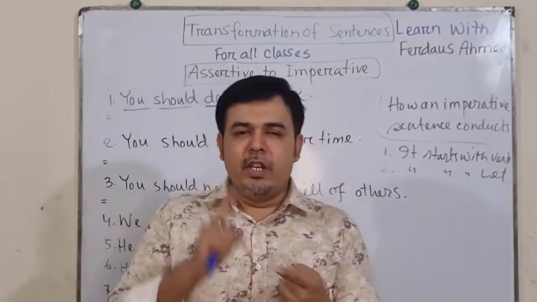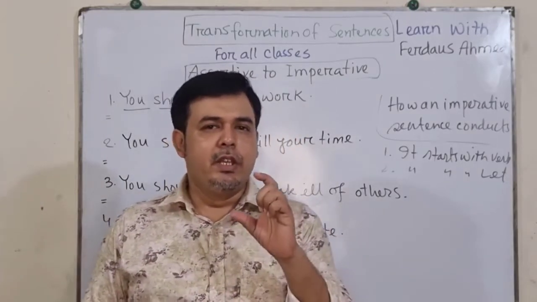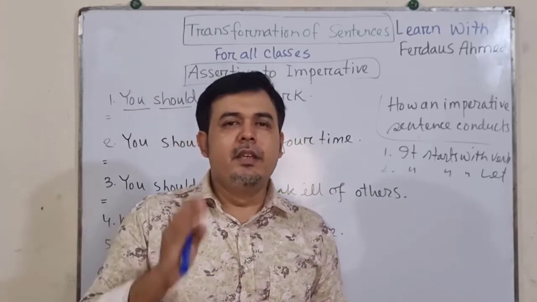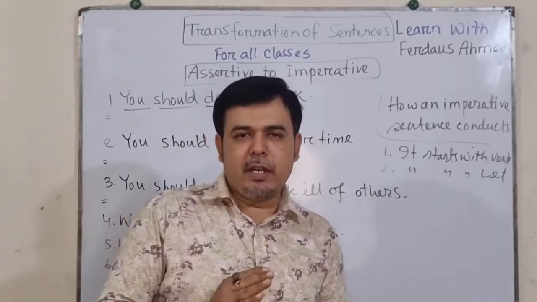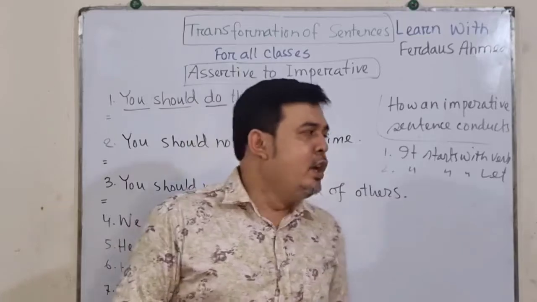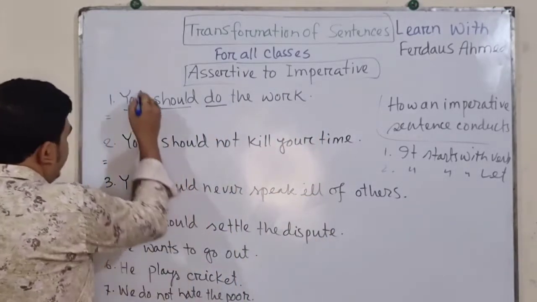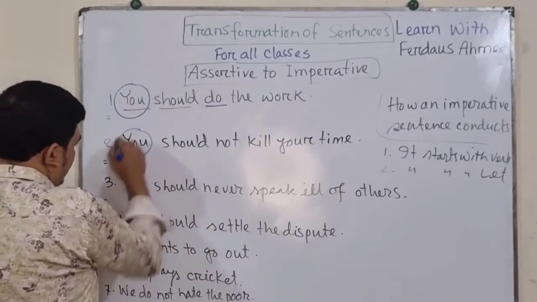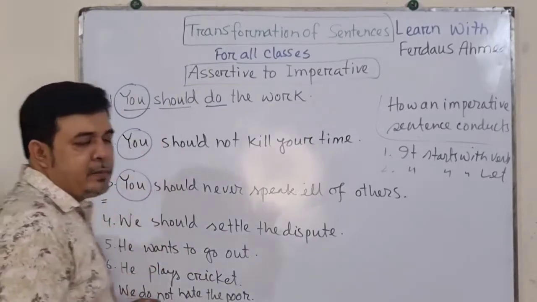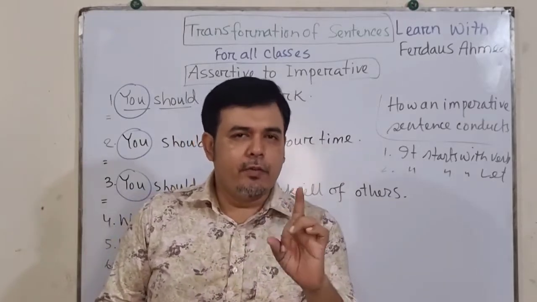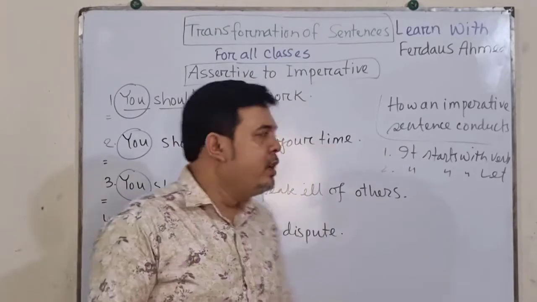One, you start an imperative sentence with the present form of the verb. Another, you can start an imperative sentence with let. One thing is very important: whenever you get a second person as the subject, you will start the sentence with a verb.